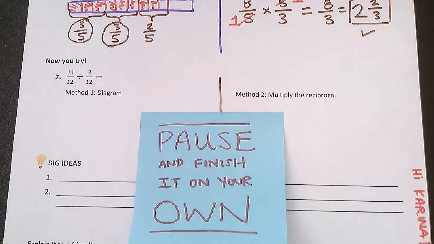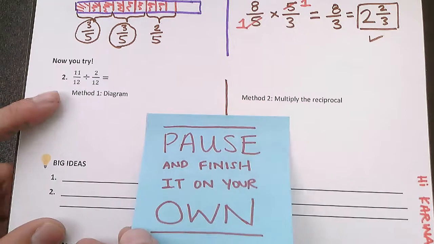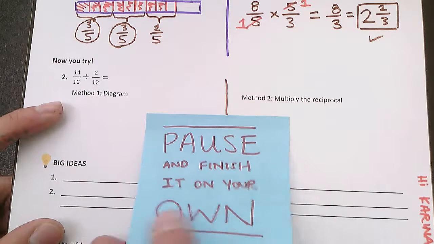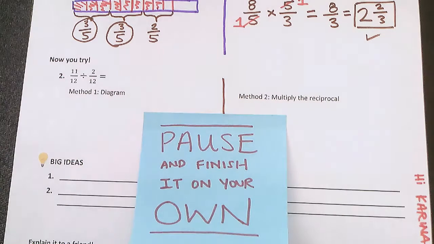So pausing and trying number 2 on your own. And now you are resuming the video, and you finished number 2, and now you're just checking your work. So remember, don't resume the video until you've tried both of these on your own.